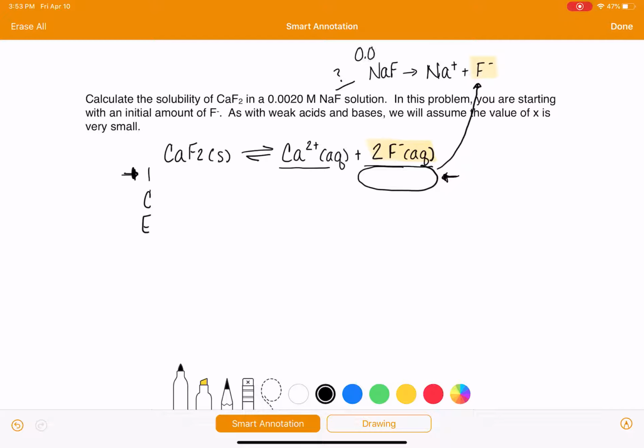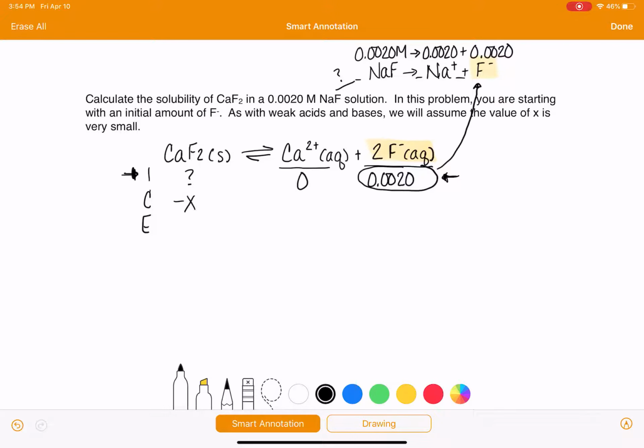How much fluoride are we starting with? Well, we are starting with 0.0020 molar sodium fluoride, which means that we're going to be dissociating into 0.0020 molar sodium and also 0.0020 molar fluoride, because 1 to 1 to 1. So here we are starting with 0.0020. But we aren't starting with any calcium because we don't have an initial source of calcium, so it's still 0.